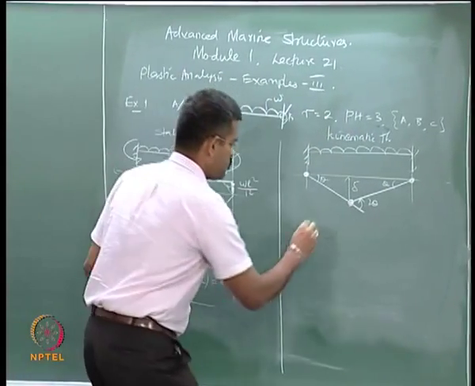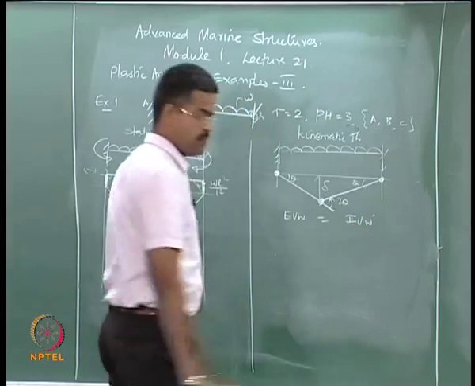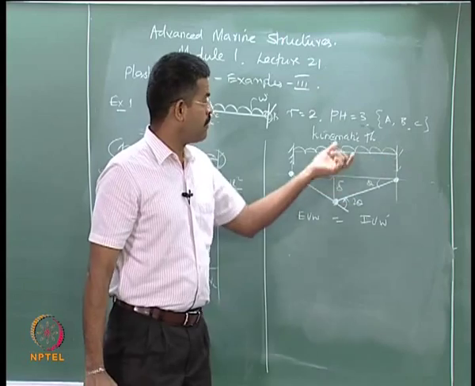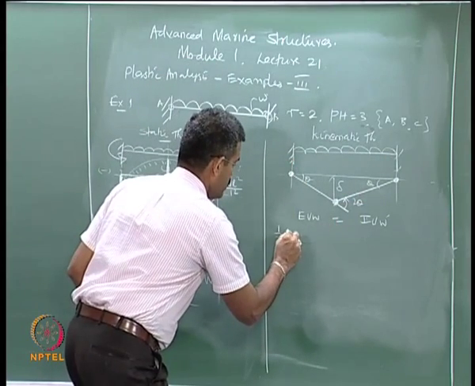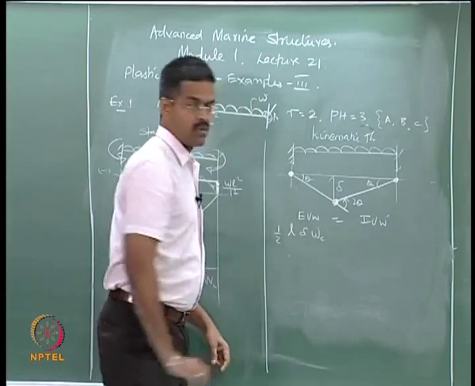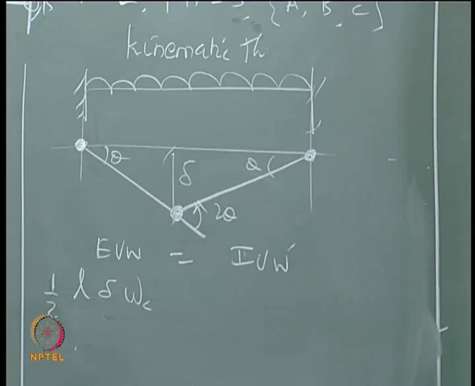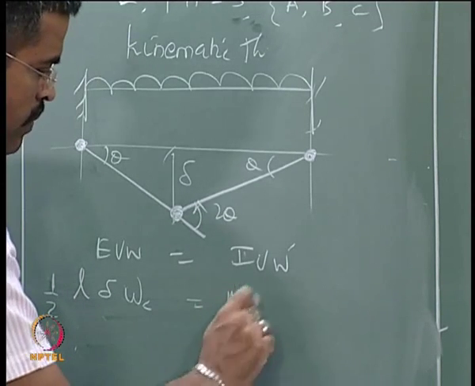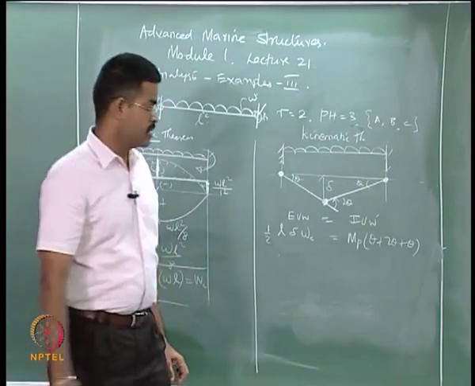Okay. So, external virtual work should be equal to internal virtual work. Now, external virtual work in case of UDL is nothing but the force multiplied by this area. So, half L delta WC, is that okay? Which is going to be MP times theta plus 2 theta plus theta, is that okay? So, 4 MP theta.